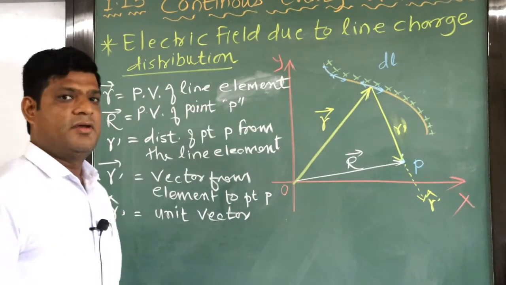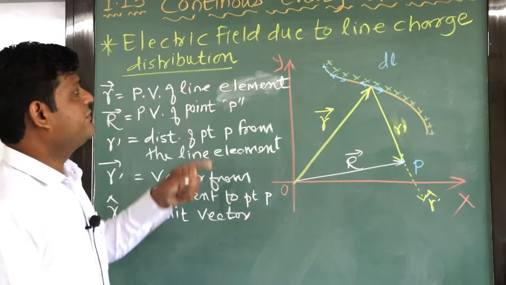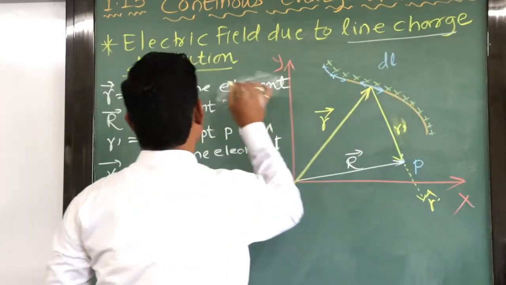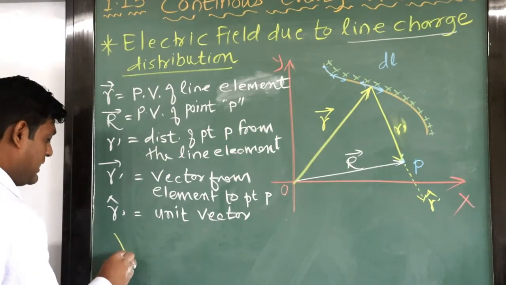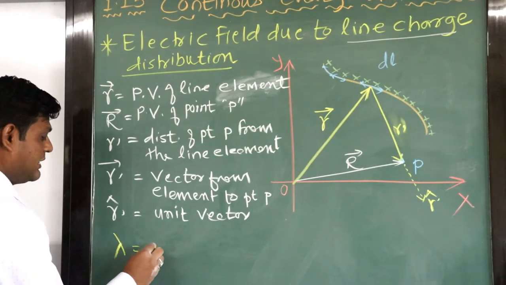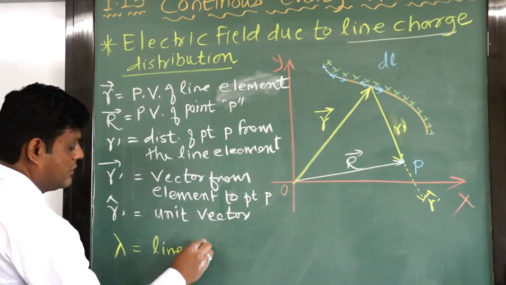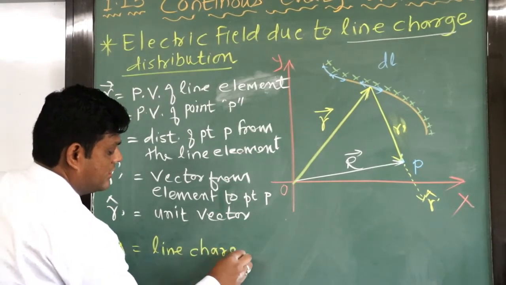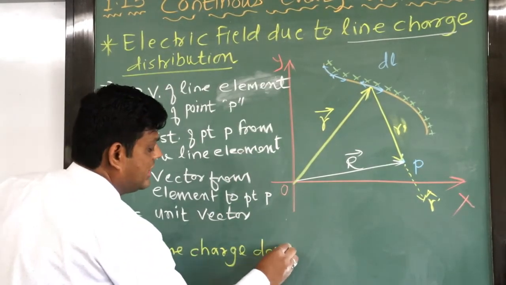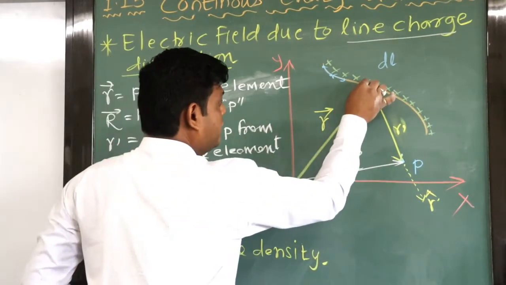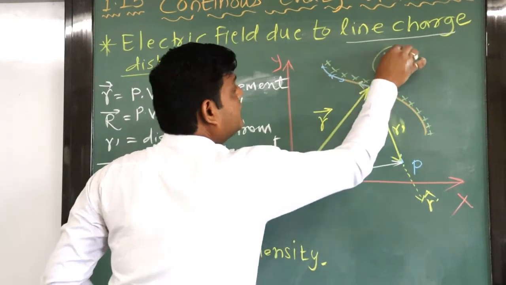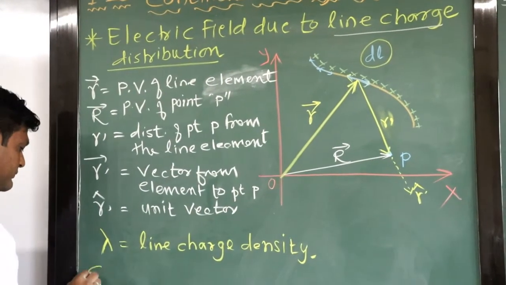Now see, here we are discussing the line charge distribution. So for that purpose, here lambda is the line charge density. Here we are going to consider that dl is the length of the line element.